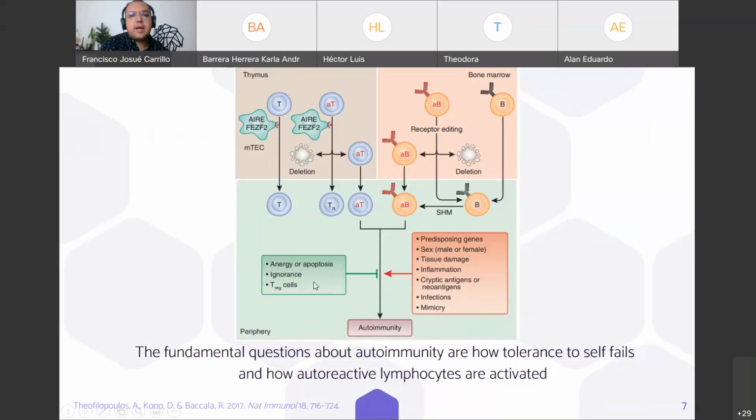Some other mechanisms that also occur in the thymus are the generation of the regulatory T cells, or Tregs, and these cells are also important, especially in the periphery. These Treg cells work, for example, as guardians, or police officers, as I like to say, that control and minimize the immune responses, which is also an important feature of the immune system.